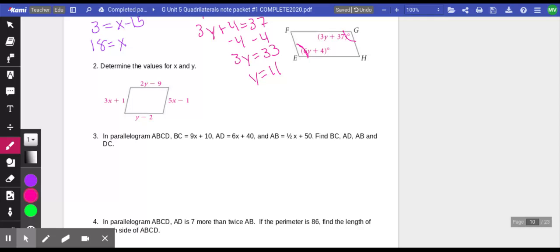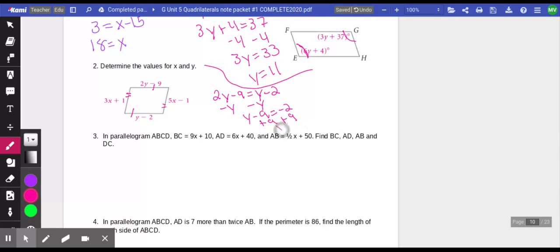So again, knowing number 2 is a parallelogram, we know that opposite sides are congruent. So since opposite sides are congruent, we know that 2y minus 9 is equal to y minus 2. So I solve that algebraically. Oops, that's y.